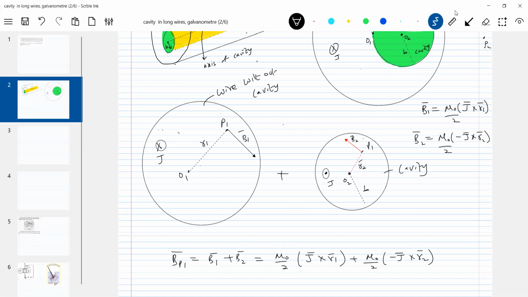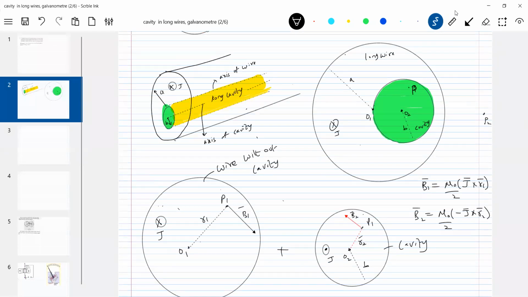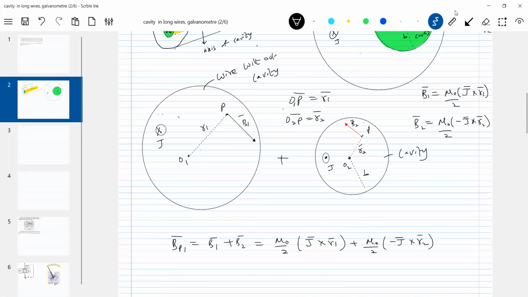The R2 bar vector will be from O2 to P. Let me make the symbol P. O1 P bar is equal to R1 bar, and O2 P bar is equal to R2 bar. Just analyze carefully, it'll be much easier for you. Let me adjust that negative sign: mu naught by 2 J bar cross R1 bar plus mu naught by 2 J bar cross minus R2 bar, I'll write it.